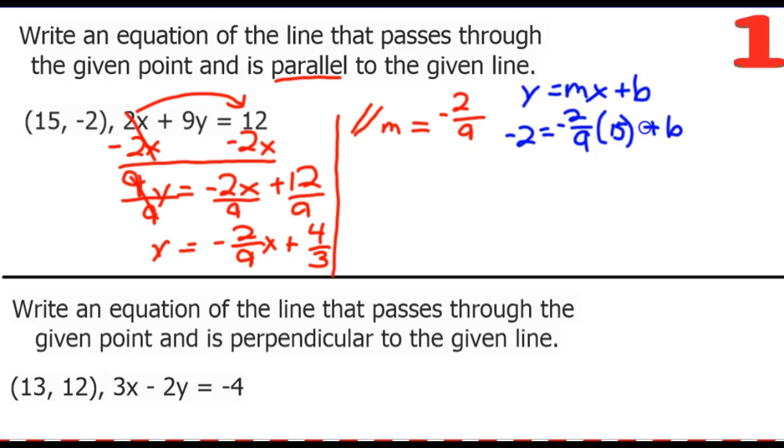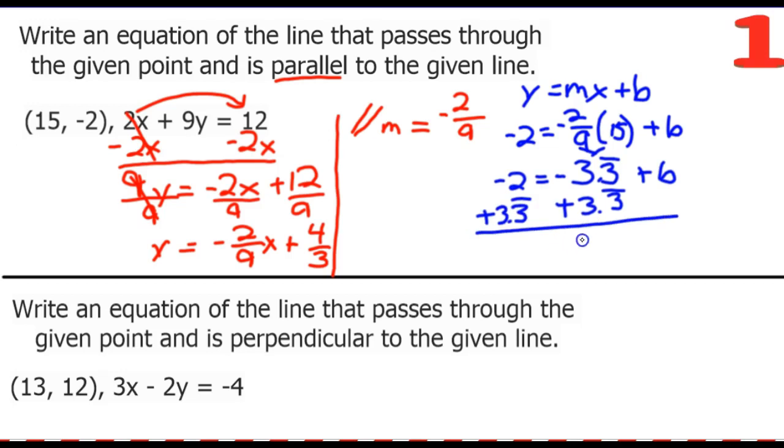So if we do negative 2/9 times 15, that gives us a negative 3.3 repeating equals negative 2 plus b. We're going to add 3.3 repeating. So our b is going to equal a positive 1.3 repeating.